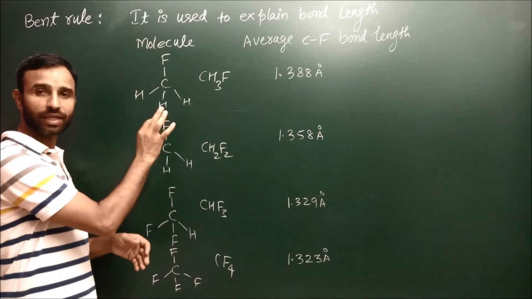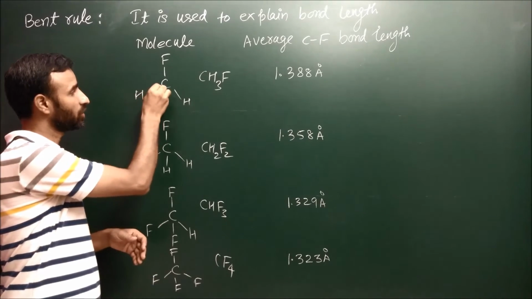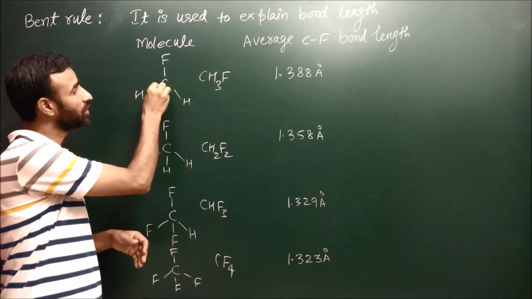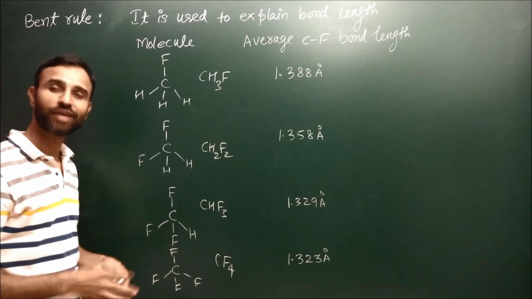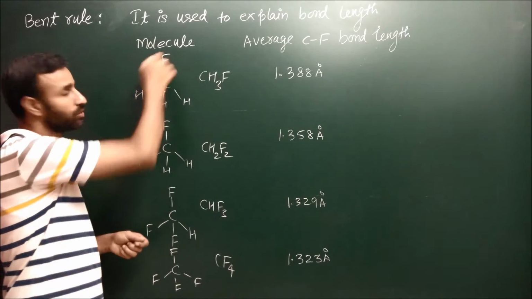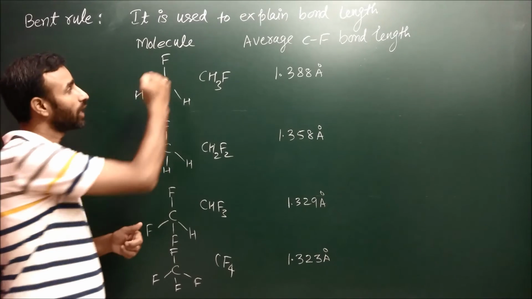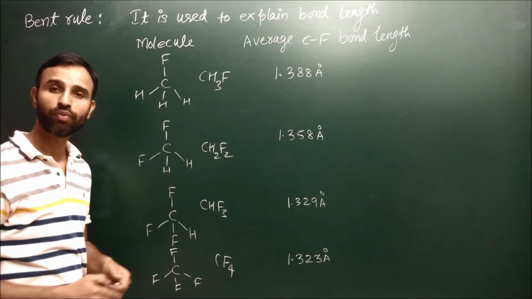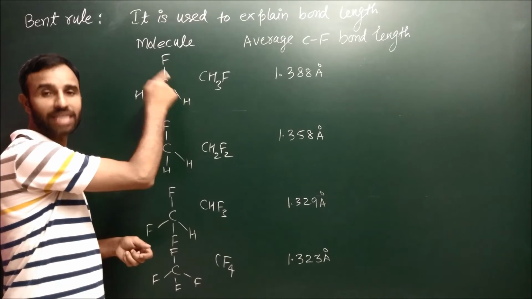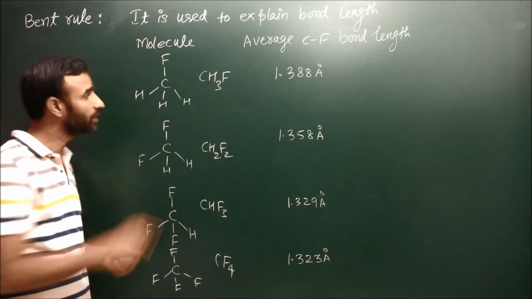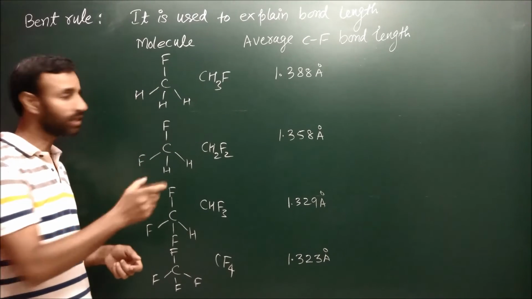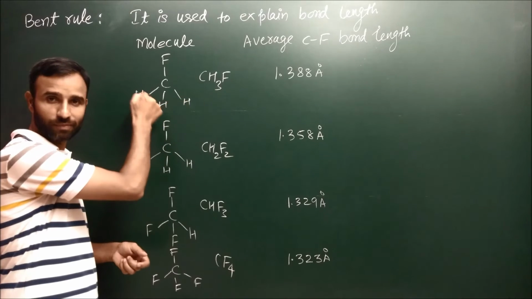So S character, you know, in CH, as hydrogen is less electronegative, so electron density is closer to carbon, and in fluorine is more electronegative, so electron density is towards fluorine. So this orbital of central atom has less S character than these 3. So that means S character is more in CH bonds.